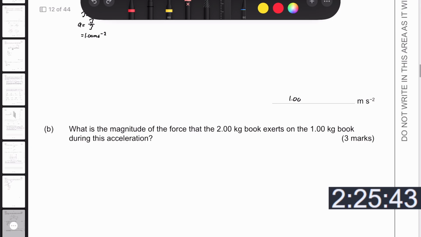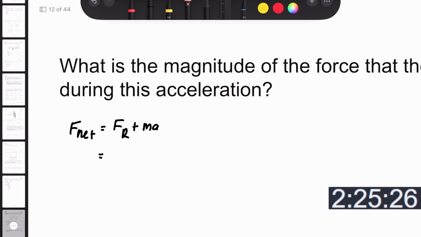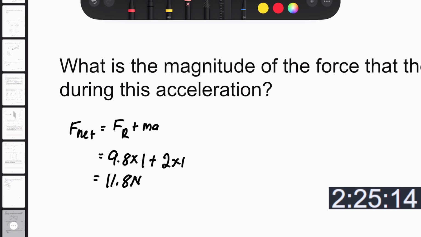I think so. So we'll say F net is equal to a force of reaction plus mass times acceleration. So this is going to be 9.8 times 1, because we're just using the lighter book, and then 2 times 1, so this is going to be 11.8 newtons.